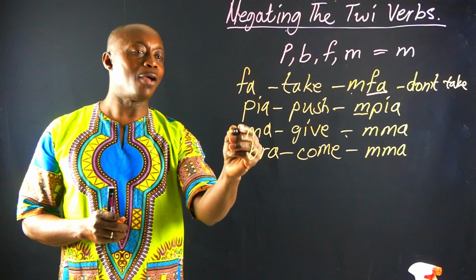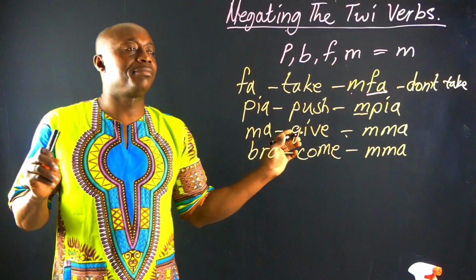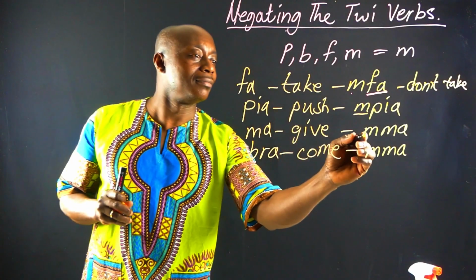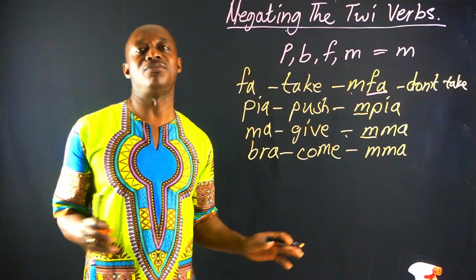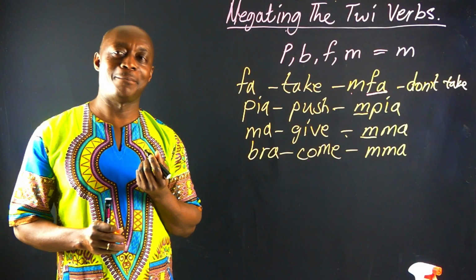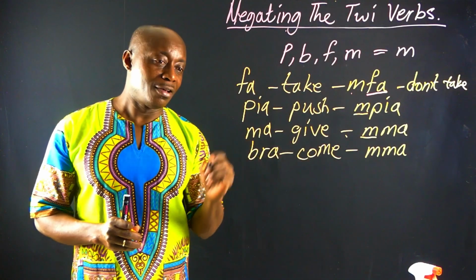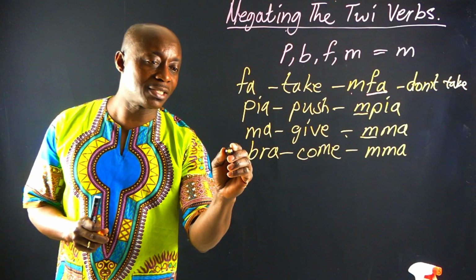Ma. I only prefix it with what? M, and it became what? Mma. Prefix M. That is what? Do not give. Good. Bra, come. What did I do? First of all, let me explain something here. I prefix it with what?